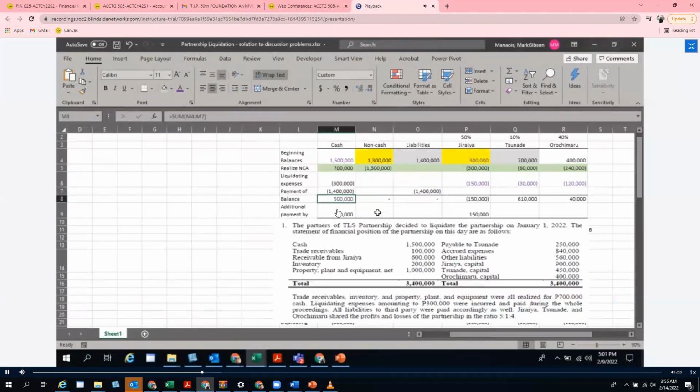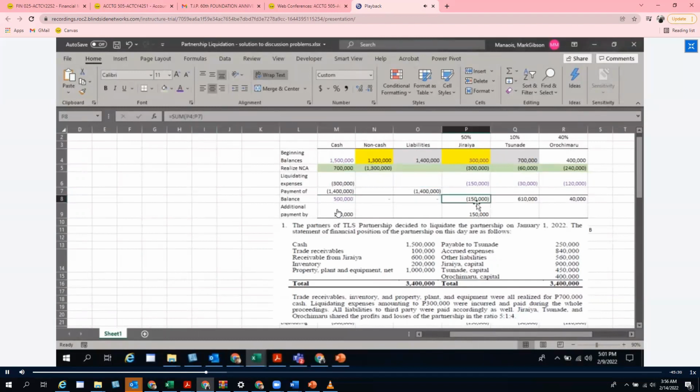0 na yung non-cash asset, obviously, kasi we have 1.3 million, and yet, no, we have realized the full amount, no, for consideration of 700,000 pesos lang. Yung loss have been allocated, no, between partners. Wala na rin yung liabilities kasi na-settle na natin, no?